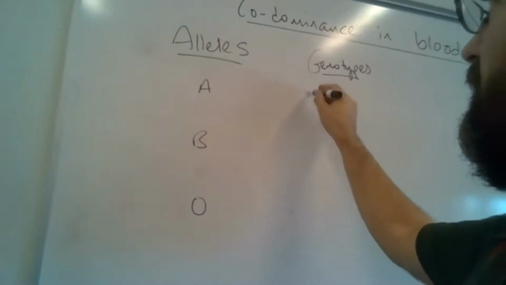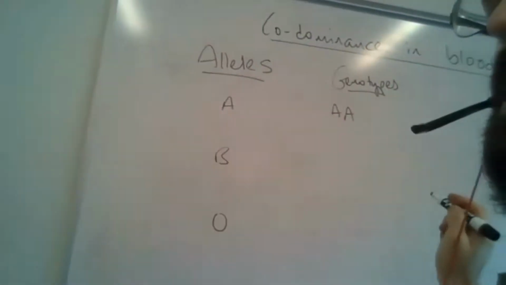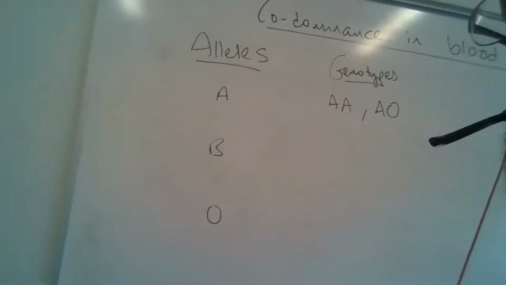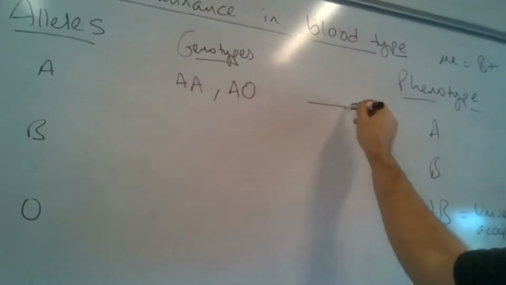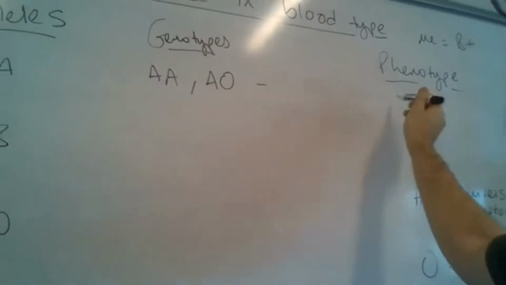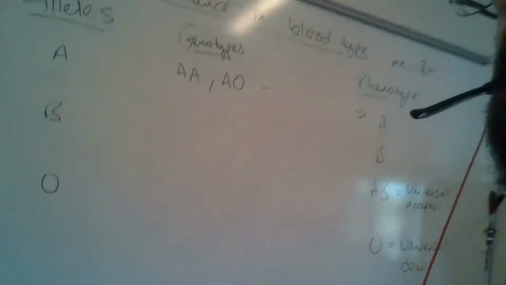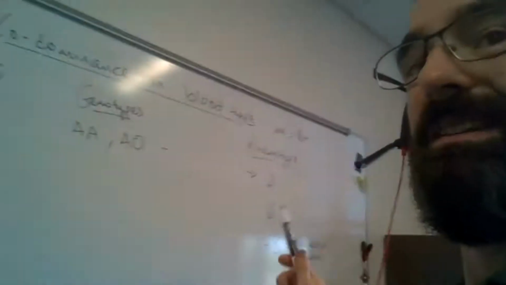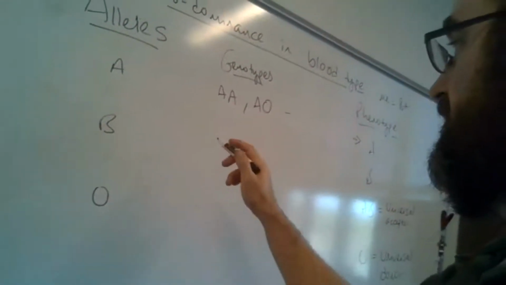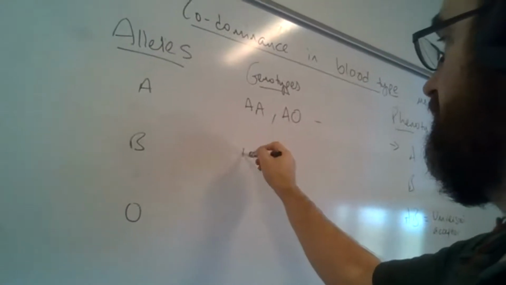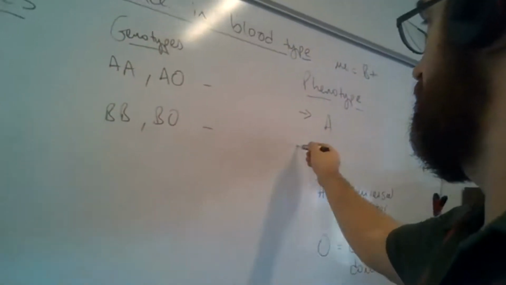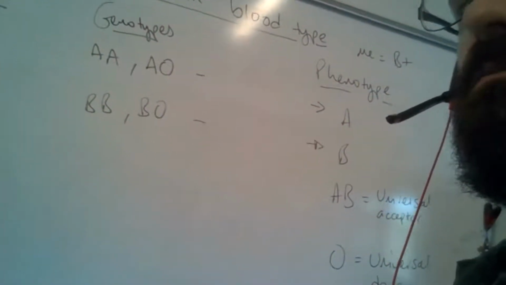So you can have homozygous dominant A or heterozygous with the recessive allele, and that will get you type A blood. We'll get into the mechanism behind all this in a little bit. It's really interesting. B, you can have the same, which gets you B blood type.